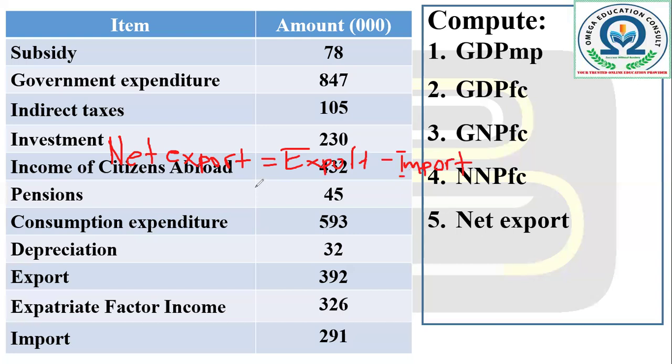Right, so net export, if you write the formula, we're going to find the values involved. So export value is 392,000 minus import. Value of imports is 291,000.